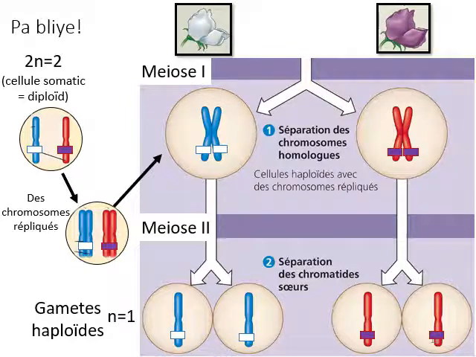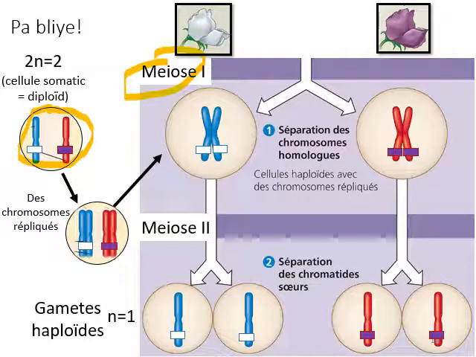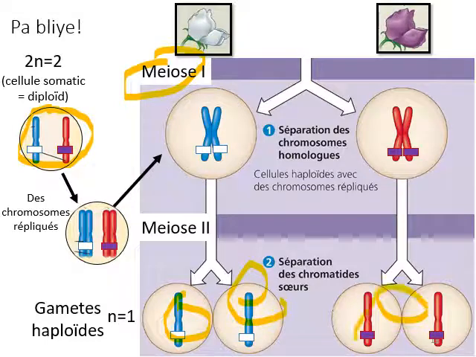We will learn this in more detail in the next unit, but here is a summary of how gametes form. It is called meiosis, and it occurs when one somatic cell, which is a body cell, divides and forms 4 gametes. 1, 2, 3, 4.